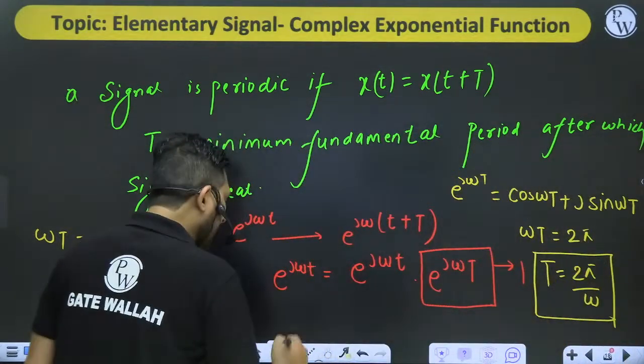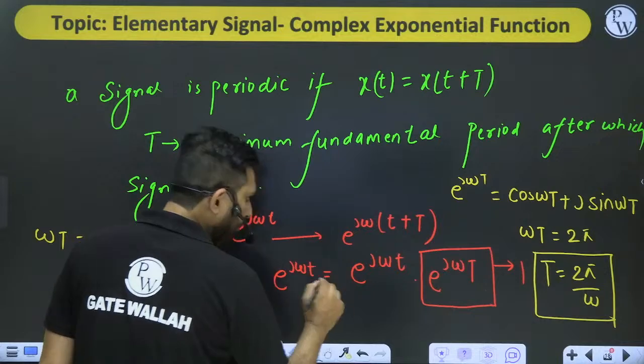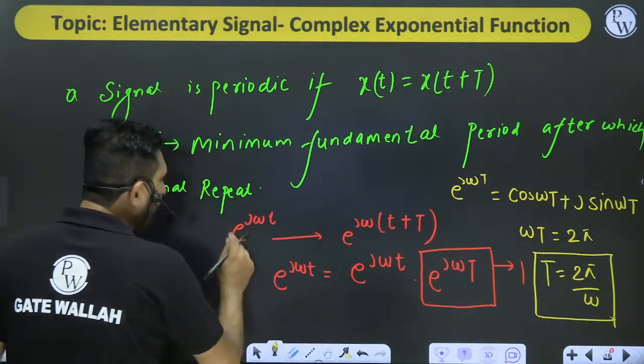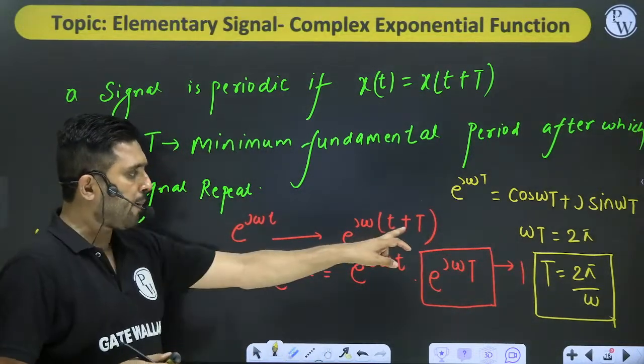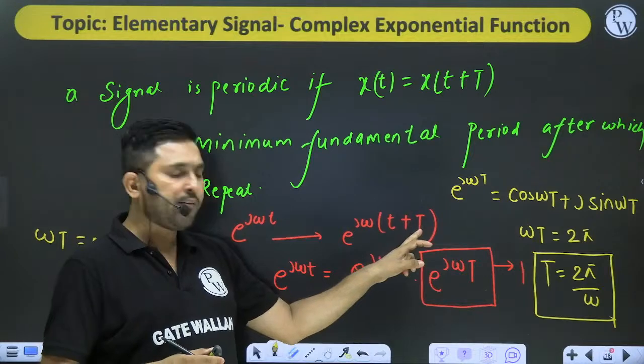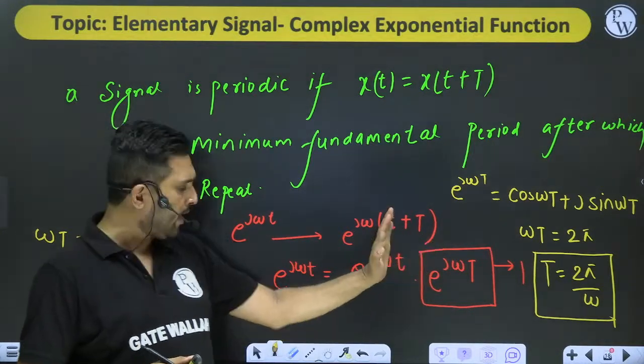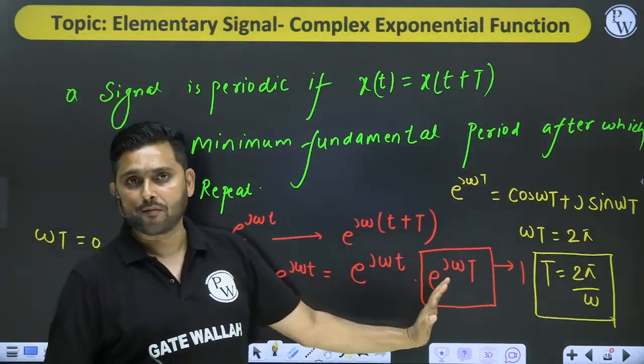And hence, if I put capital T equal to 2 pi by omega, then this function will repeat itself.